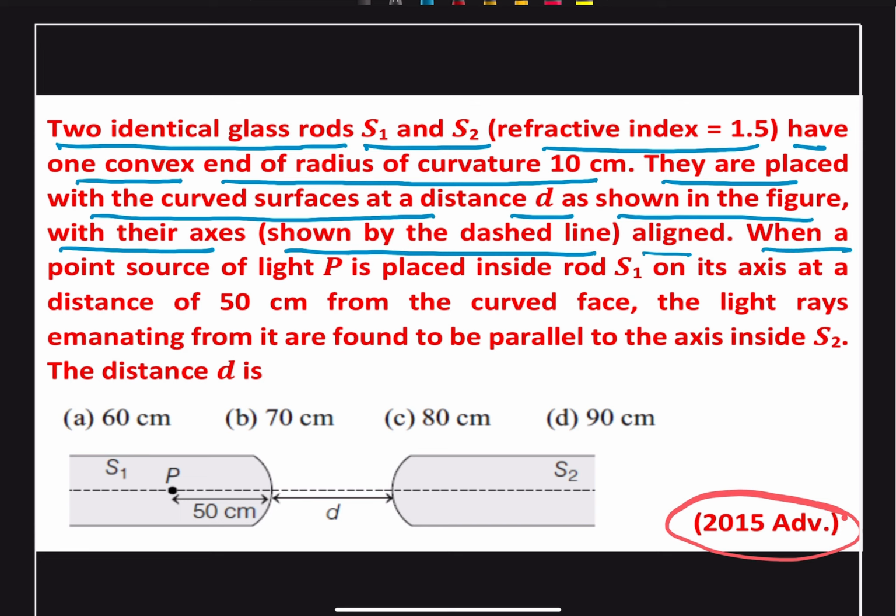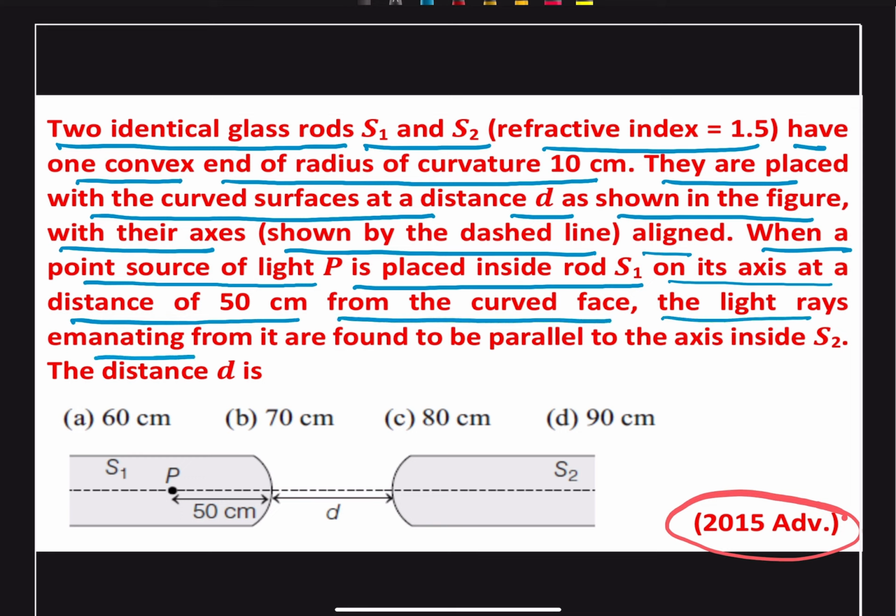When a point source of light P is placed inside rod S1 on its axis at a distance of 50 cm from the curved surface, the light rays emanating from it are found to be parallel to the axis inside S2. The distance d is.